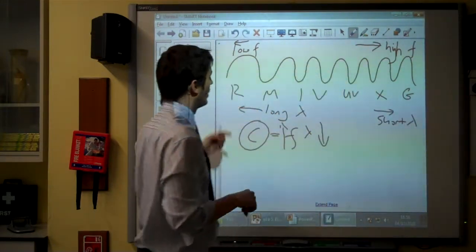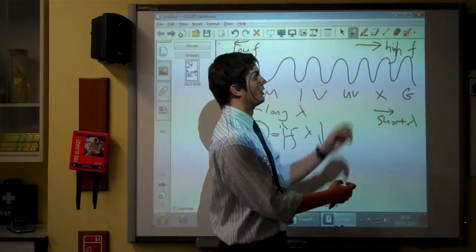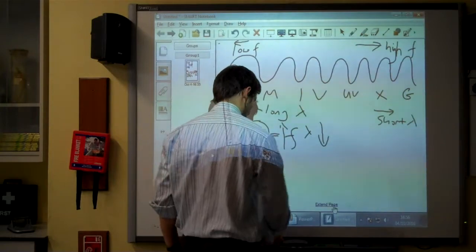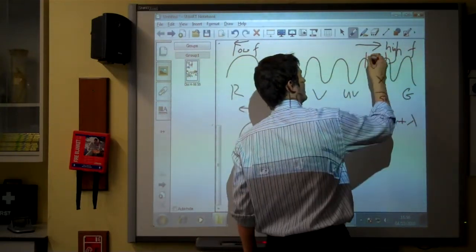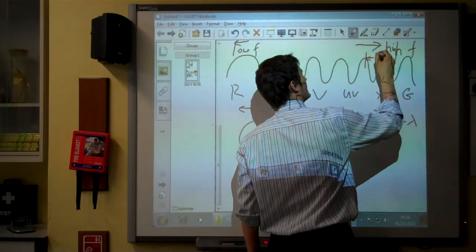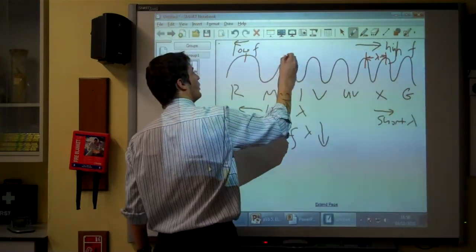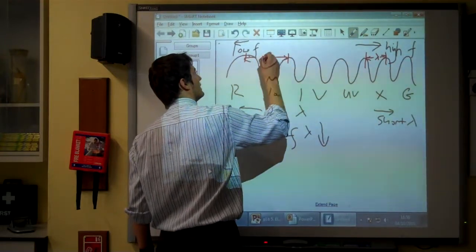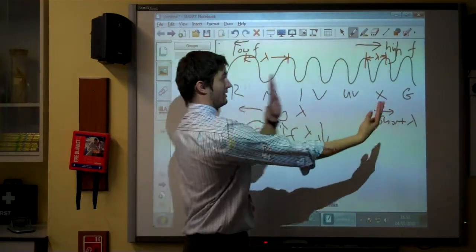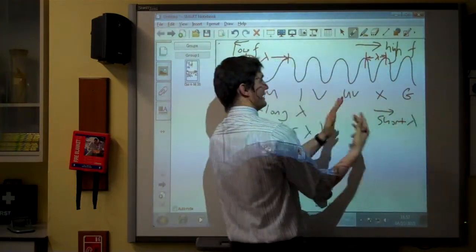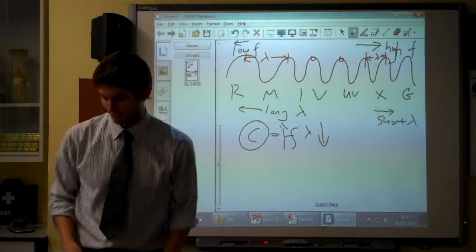Okay. So look what happens as the frequency goes up, the wavelength goes down. This end is high frequency. Look at the wavelength, short wavelength. This end is low frequency, and it's a long wavelength. So as frequency goes up, wavelength goes down. Peaks are closer together here. So wavelength goes down.